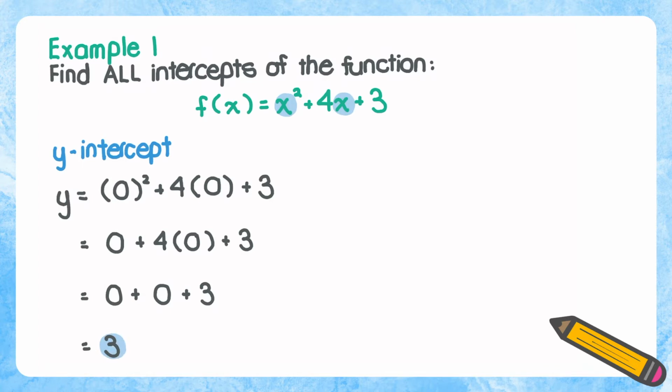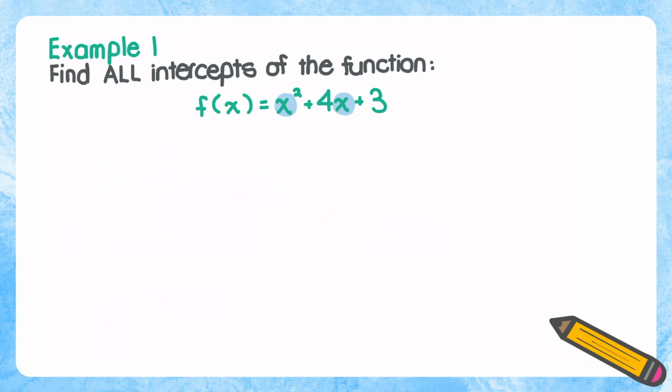When x is 0, y is 3. So our y-intercept is the coordinate (0, 3). We found our y-intercept. Now let's find the x-intercepts.